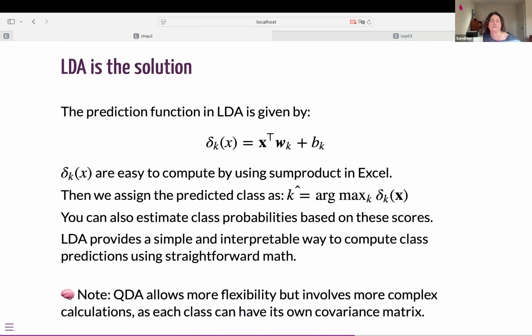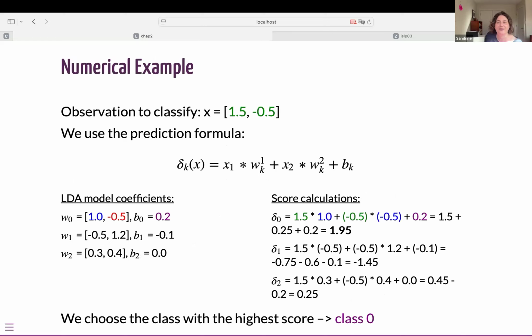So what we have just seen with Jack's slide, this nice formula, is actually just a sum product in Excel. I will explain why later. So what are we really going to do? It's just a simple example.